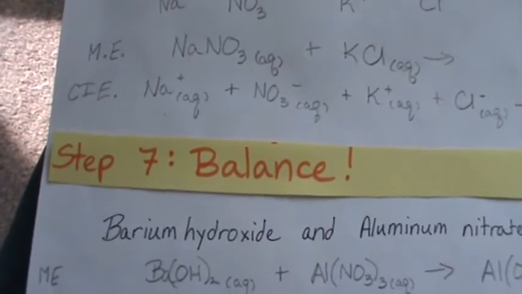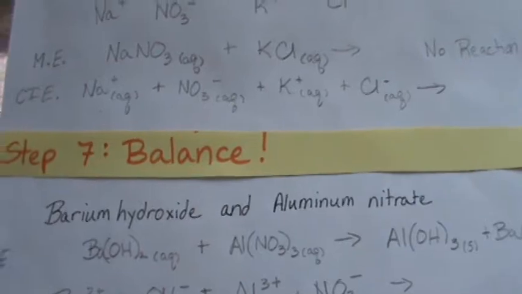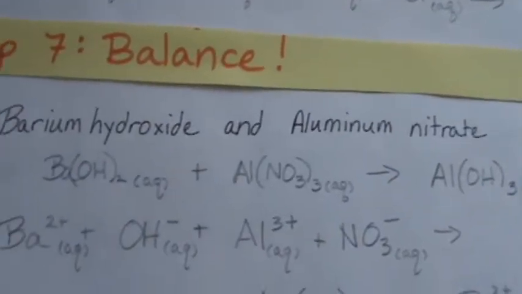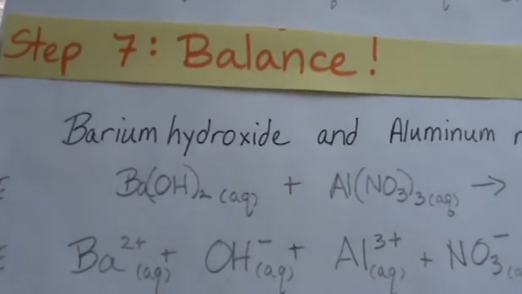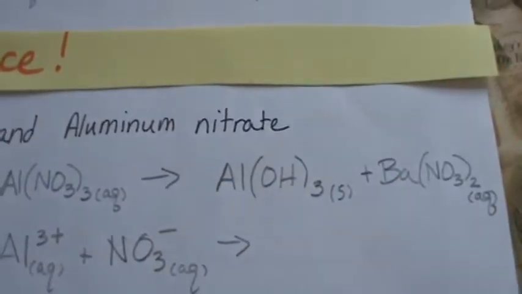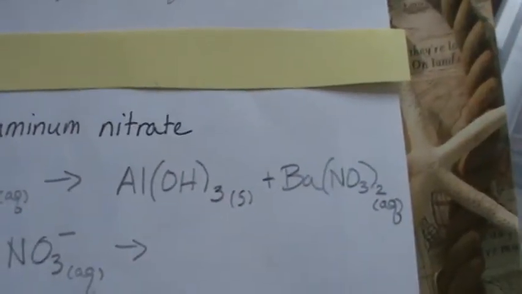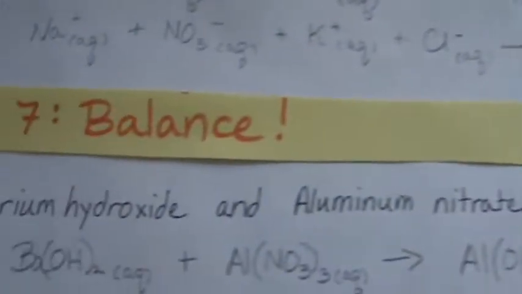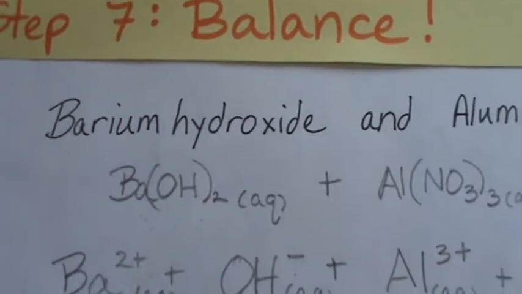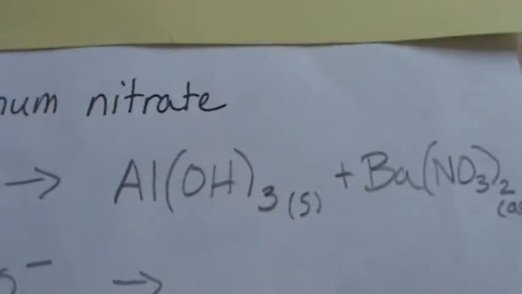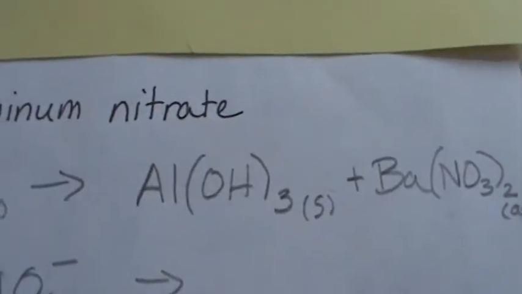Step 7 is to balance. So I start by taking a look at my molecular equation. I have Ba(OH)2, Al(NO3)3, Al(OH)3, and Ba(NO3)2. Now I have a 2 on my hydroxides there, and a 3 on my hydroxide here.